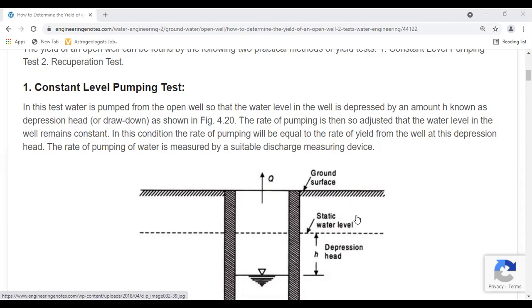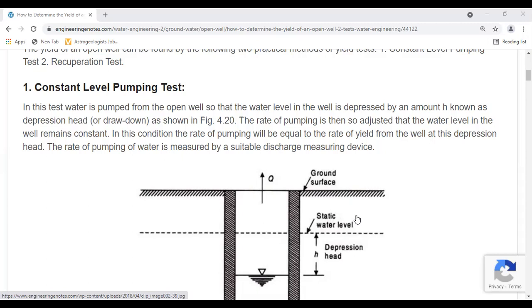When the pumping is taking place, the water level in the well is depressed, and the difference between the water table level and the water level in the well is known as the depression head. The rate of flow into the well is proportional to the depression head.